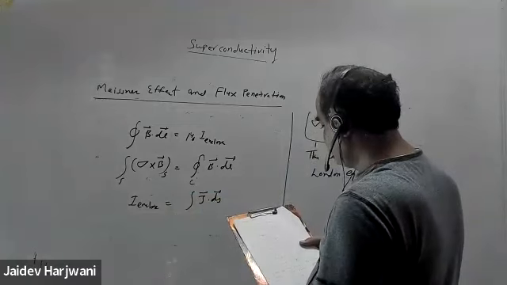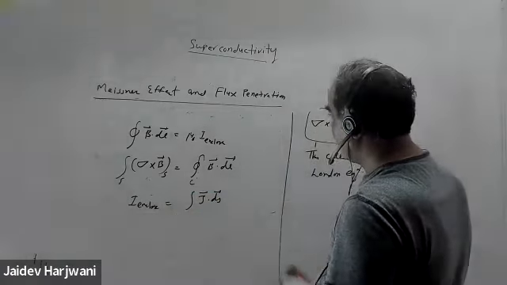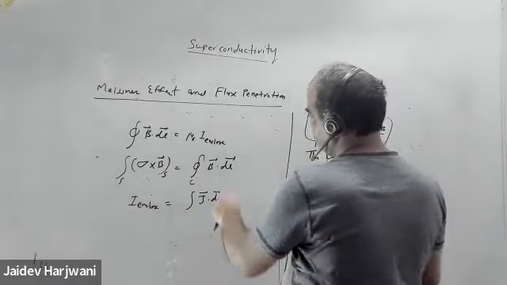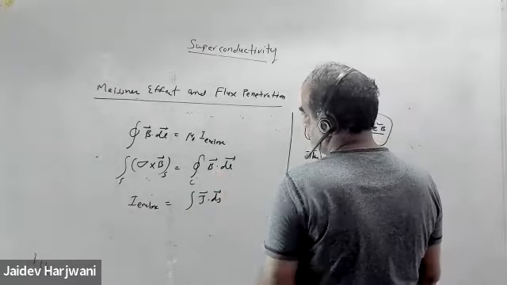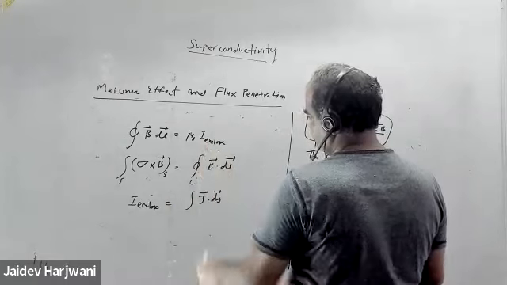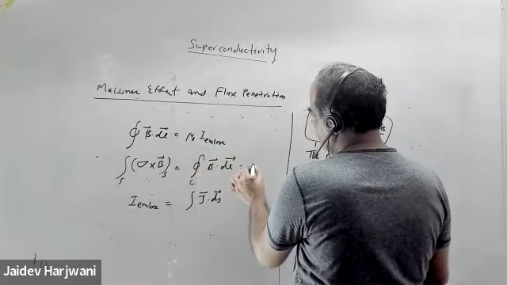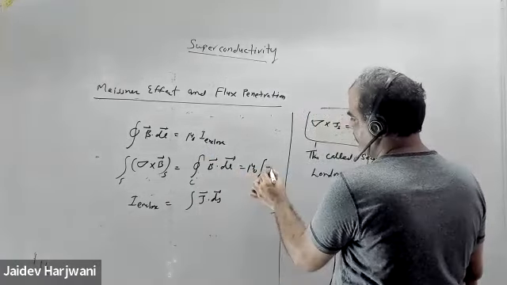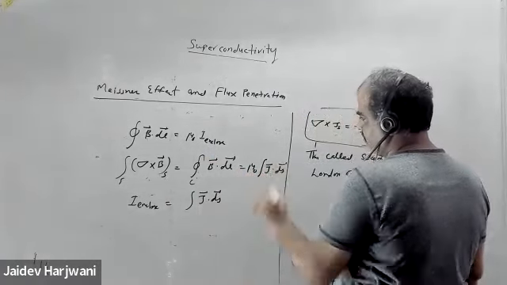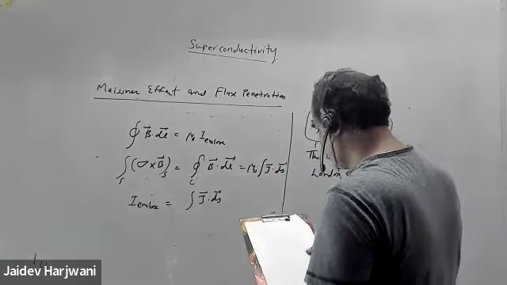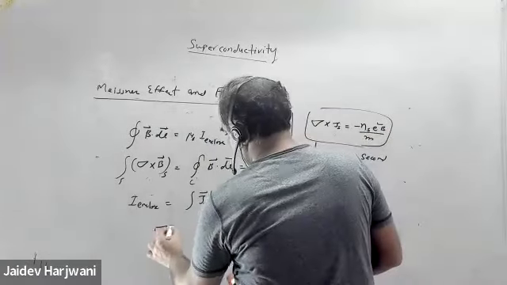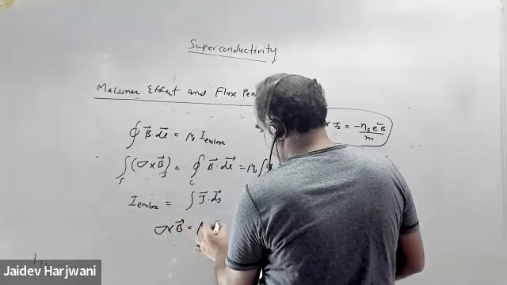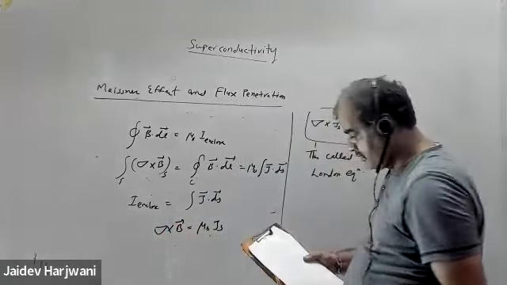So from these equations, B dot dl equals mu 0 times I enclosed, which is J dot ds. We can write del cross B is equal to mu 0 Js.